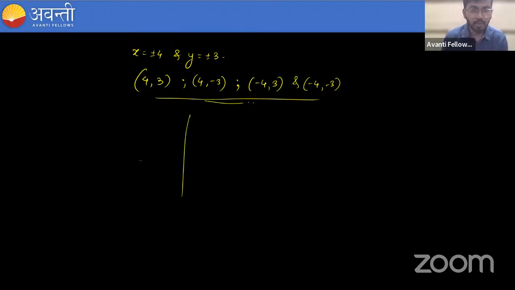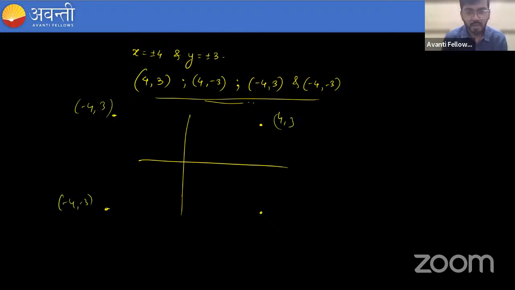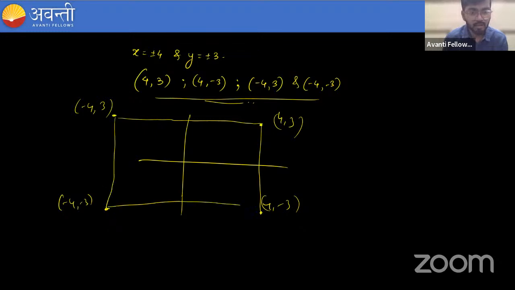So 4 comma 3 will be somewhere here, 4 comma minus 3 will be here, minus 4 comma 3 will be here, minus 4 comma minus 3 will be here. So as you can see, this forms a rectangle.